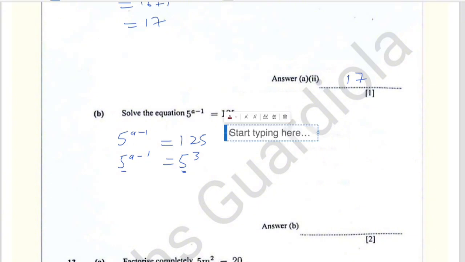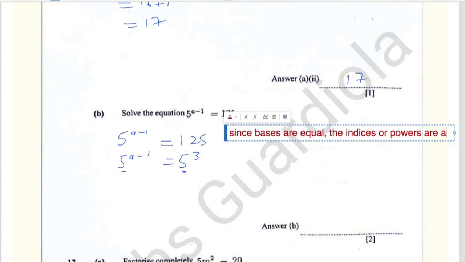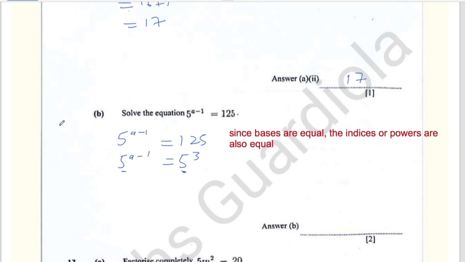Now we know that in indices, if the bases are equal, then it must also mean that the indices are equal. That makes sense, right? If we say 5 to the power x is equal to 5 to the power 2, since the bases are the same, then it must also mean that the indices, or the powers, or the exponents, are also equal.